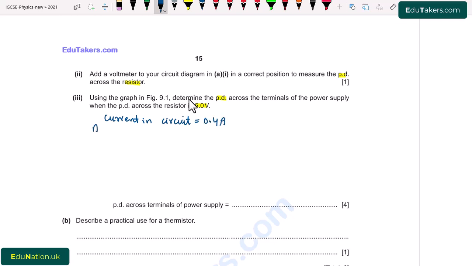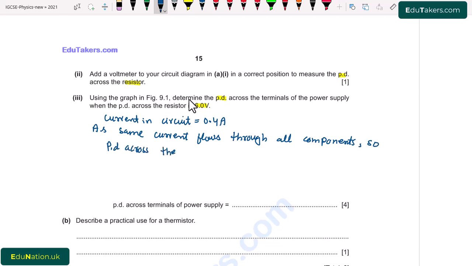As same current flows through all components, so the potential difference across thermistor will be equal to 9 volt.